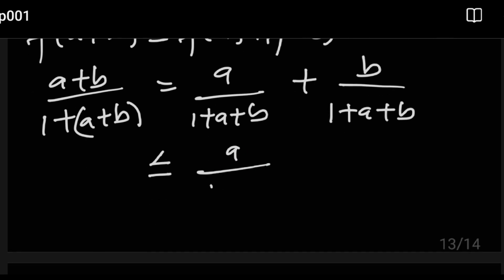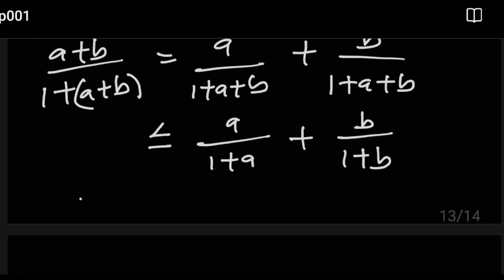A over 1 plus a. Remember, f is increasing, so this will be greater or equal to this, plus b over 1 plus b. Remember, 1 plus a is less or equal to 1 plus a plus b. So if b is 0, then these are equal.